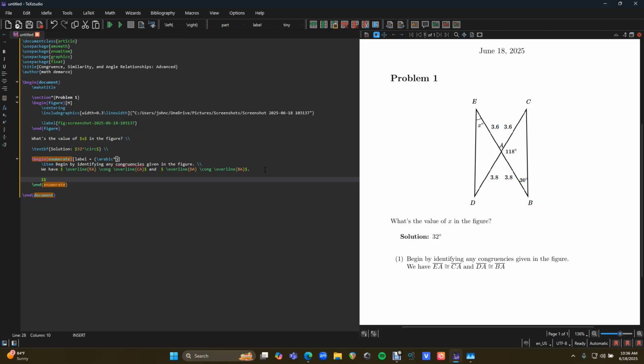So I'll just say again that I'll do these same things. I'll just make sure it says equal. I'll go equals 3.6 equals, and then below that I'll have the other one.